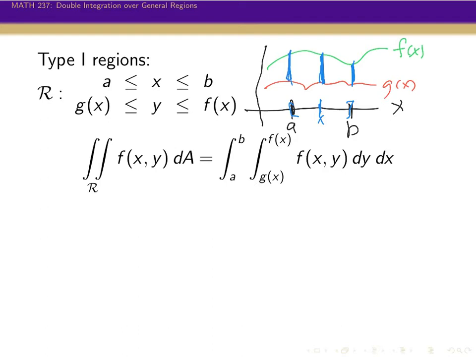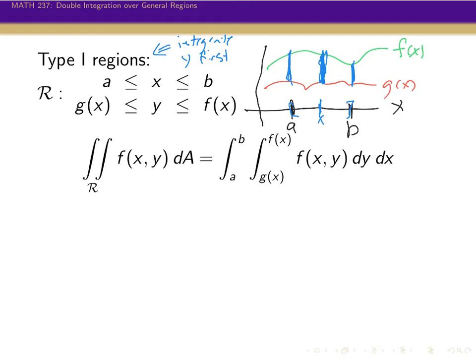Now the way that we are going to treat these integrals is we're going to integrate these type 1 regions y first. The thinking is that if we fix an x value, the y values are going between two functions, f of x and g of x, so we can integrate on that line.